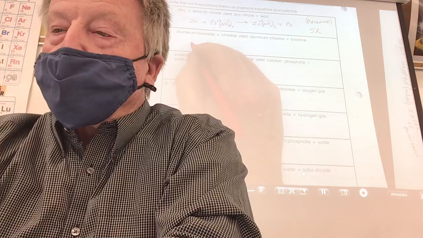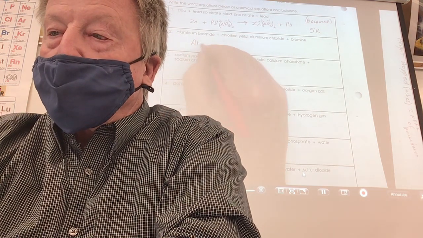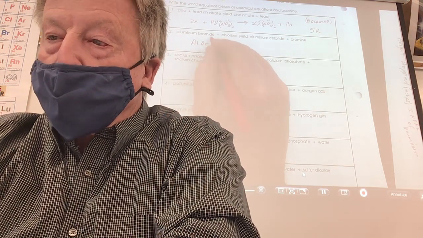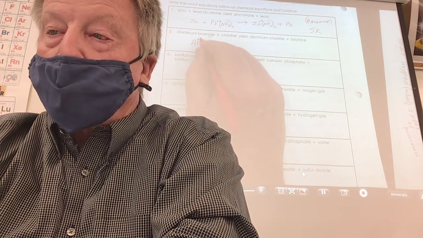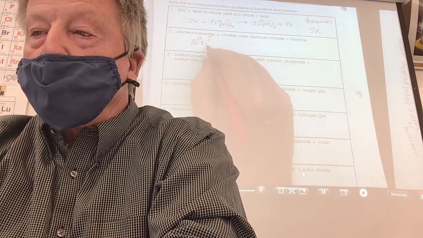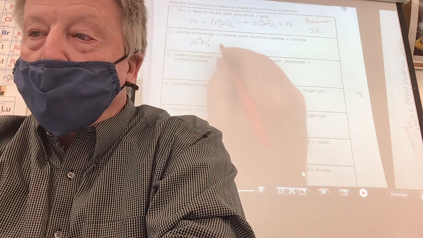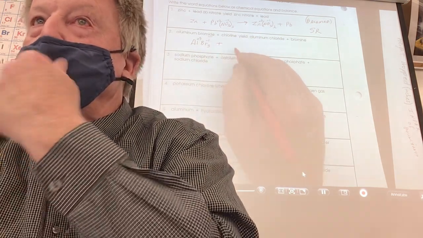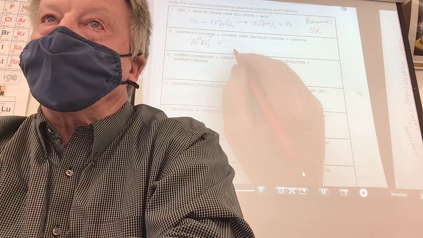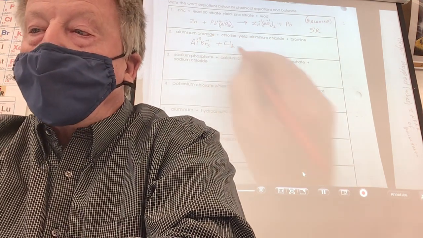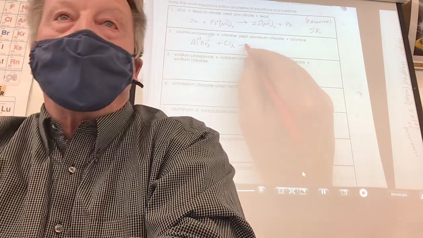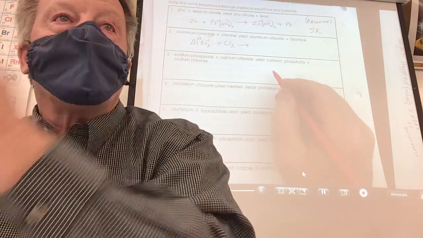Ready? Aluminum bromide, AlBr. I know it's binary, but bromine's minus 1, but aluminum is always plus 3. And here's where somebody's going to trip. You're going to stub your toe on this one. Why did you do that?